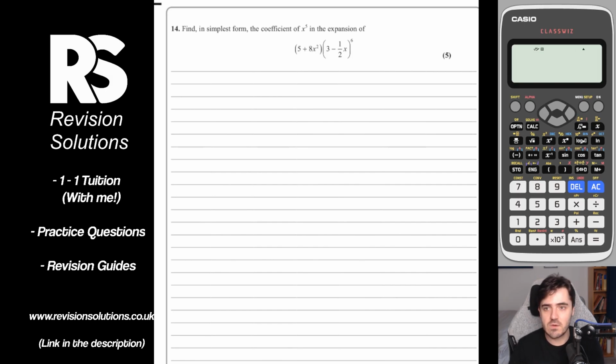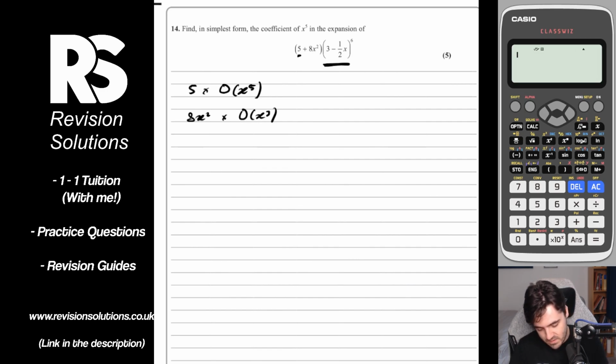But we don't actually need all those powers because it's only asked us for the x to the 5 coefficient. So if we think about the combinations of multiplication that are going to give us x to the 5, well, it would be the 3 times the order x to the 5 term, or the 8x squared times the order x to the 3 term. So in our binomial expansion of this, we only need to work out 2 of the terms, actually.